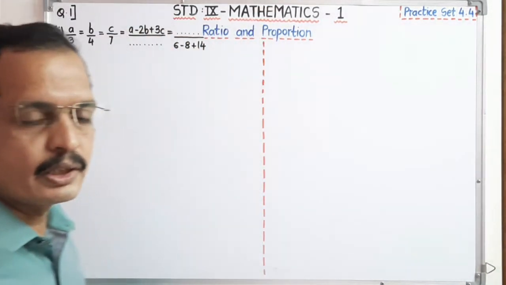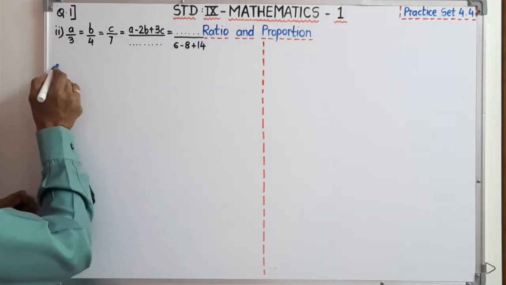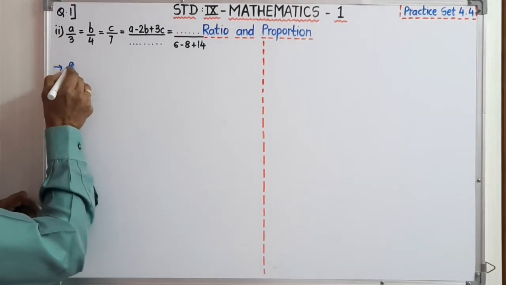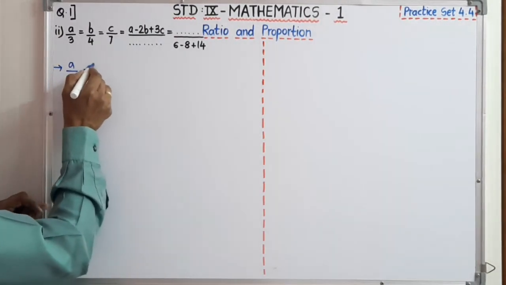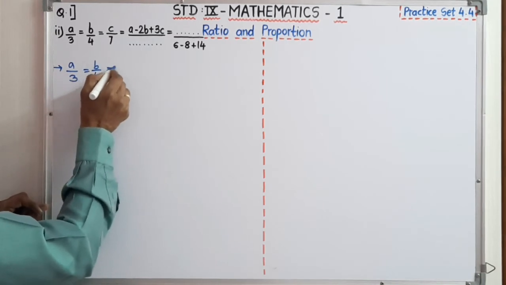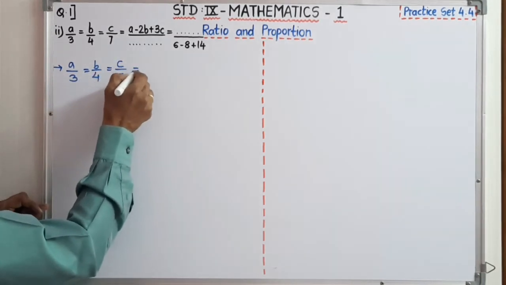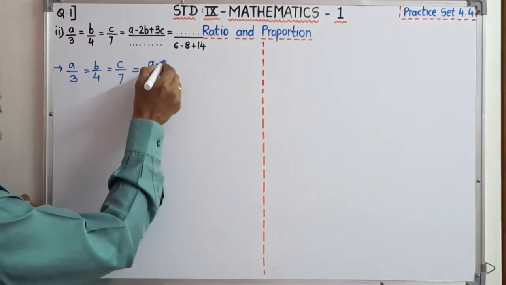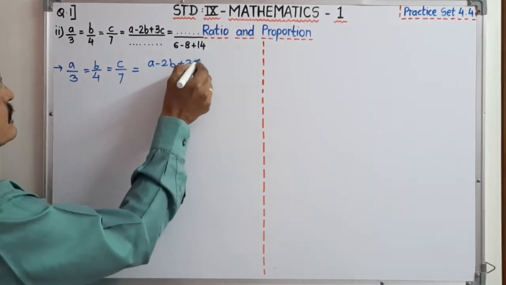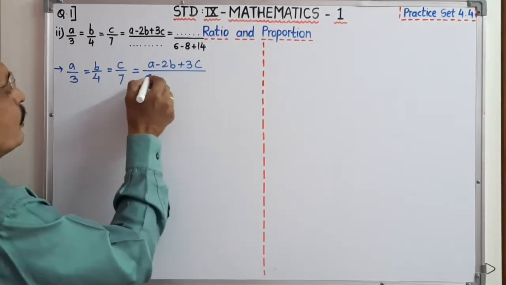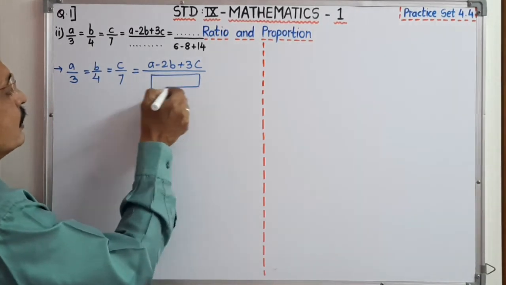Now here 3 ratios are equal, that is given. Therefore, first of all we have to write a upon 3 equal to b upon 4 equal to c upon 7 is equal to a minus 2b plus 3c, and we have to find out here.